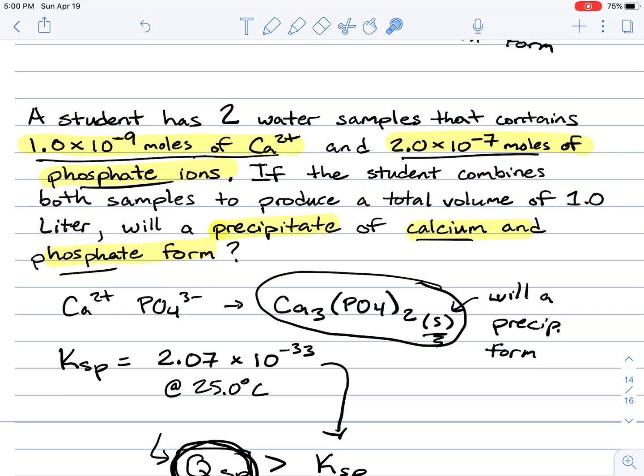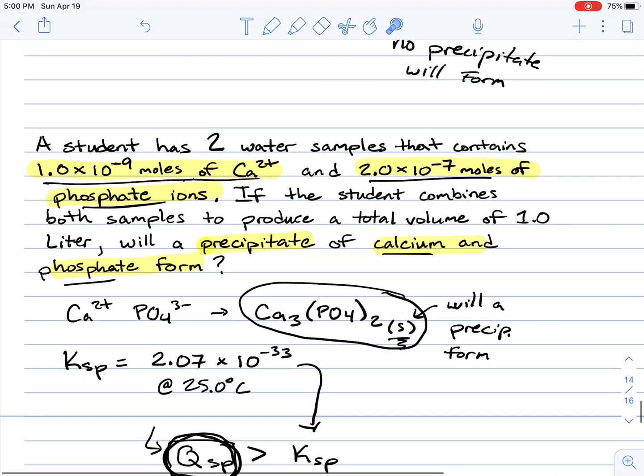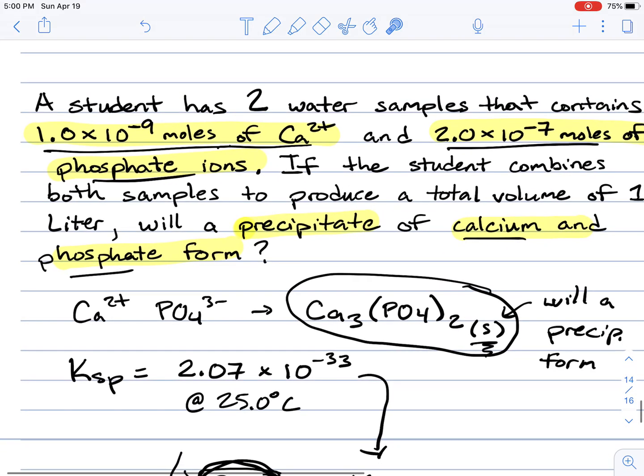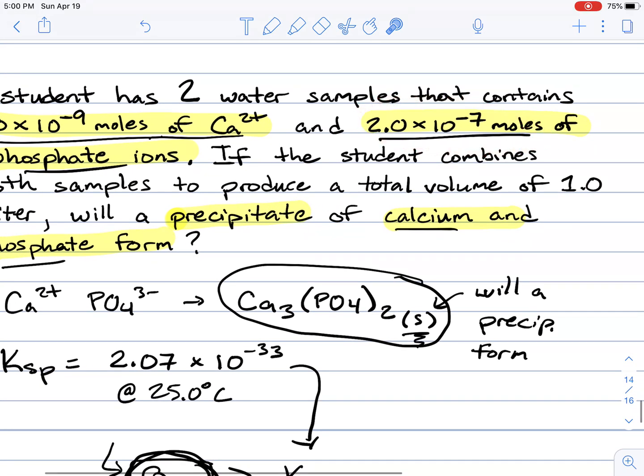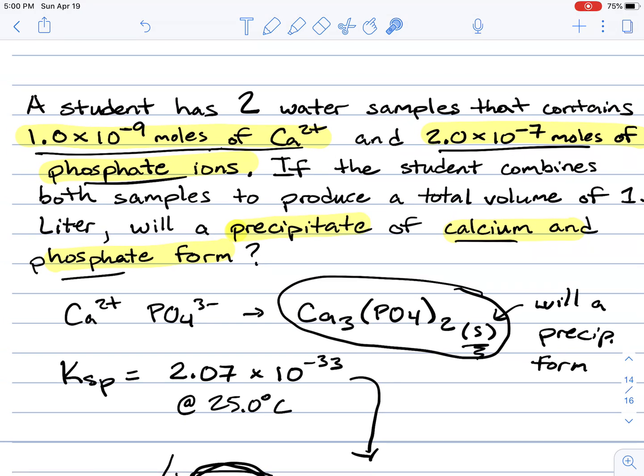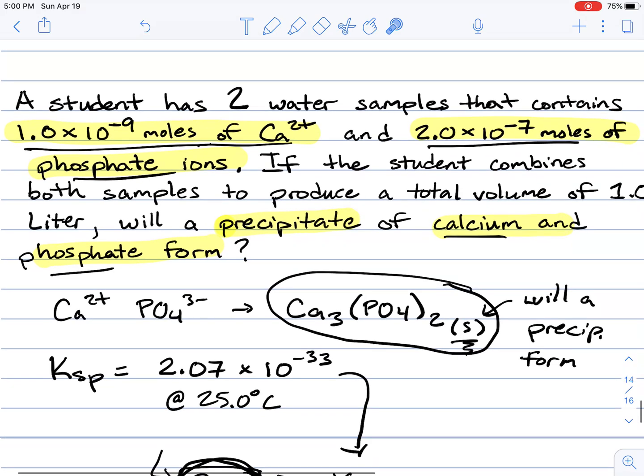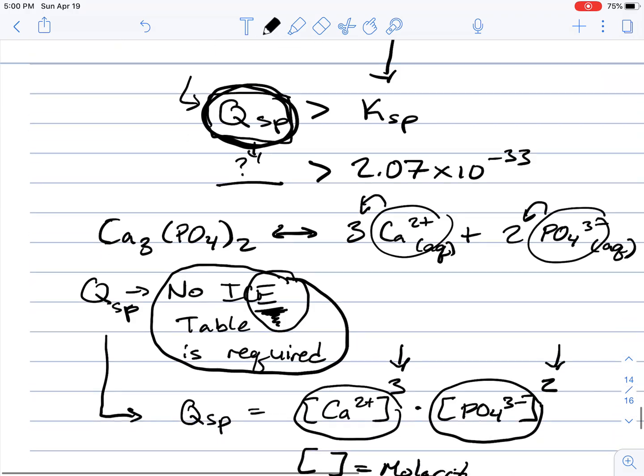Okay, so we're mixing these two substances so that the total volume is 1 liter. And so we can take this value and just divide it by 1 liter, and that will get us molarity. So 1.0 times 10 to the negative 9 divided by 1 is the same value. Same goes for 2.0 times 10 to the negative 7.